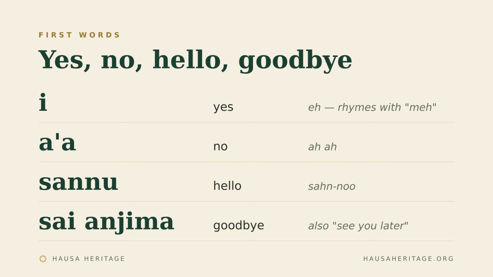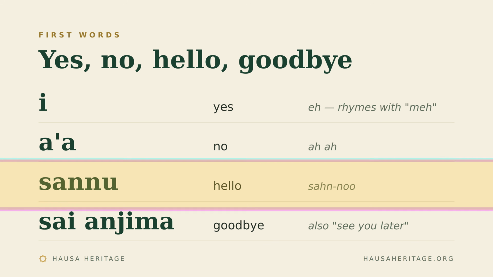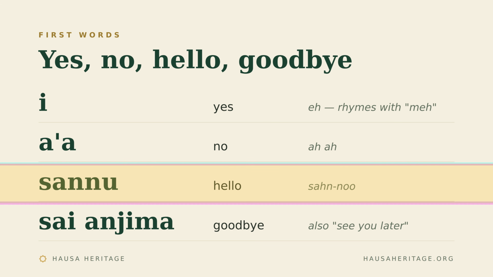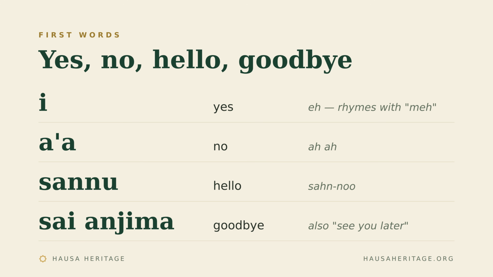Good. And then the next one, sannu. Sannu means hello, but it is also a word that you can use to show sympathy when somebody's unwell or when somebody's working hard. When you see them, you can say sannu. Say it with me.